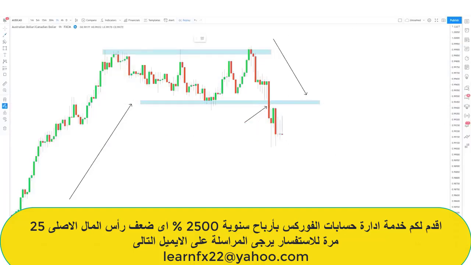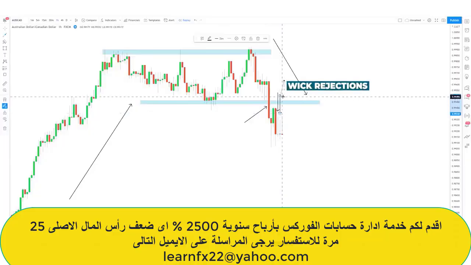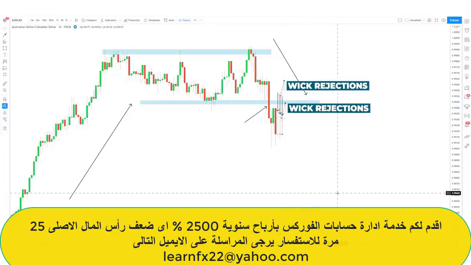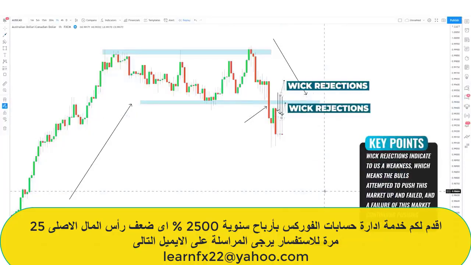If we bring our wick rejection candles into play here, what we can see is lots of wicks indicating the most important thing that we're looking for here. A weakness, which means the bulls attempted to push this market up and failed, and a failure of this market continuing pushing bullish.